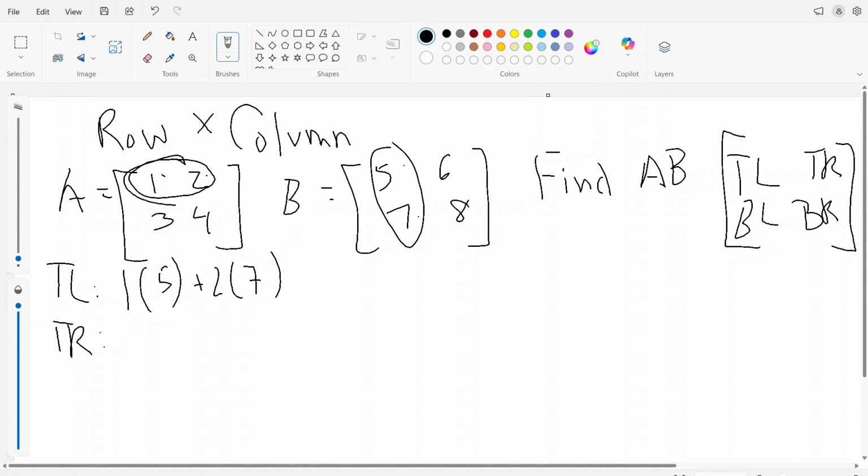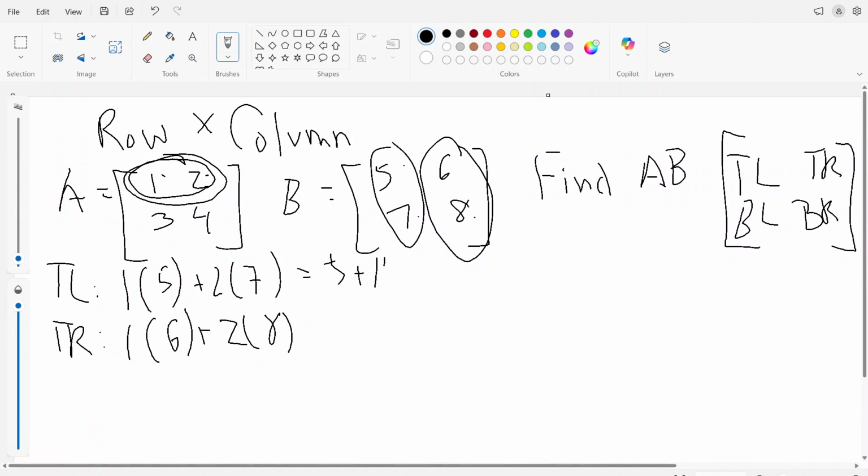So we use the first row again, except we use the second column, and multiplying and adding the respective numbers. So 1 times 6 plus 2 times 8. And this is going to be equal to 5 plus 14, which equals 19. And this is going to be equal to 6 plus 16, which equals 22.